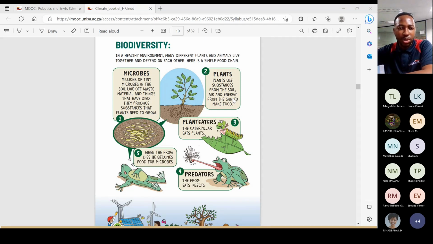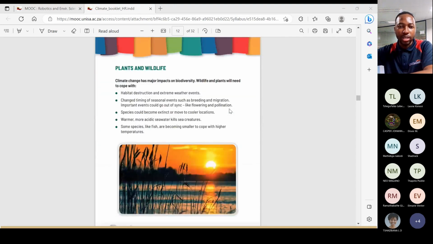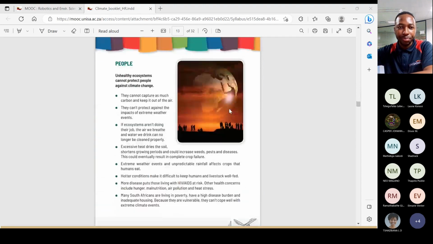These are millions of tiny microbes in the soil that live off waste material and things that have died. They produce substances that plants need to grow. So if, for example, your soil is contaminated, you also affect this at the end of the day. So this is one of the booklets that one can use as well.